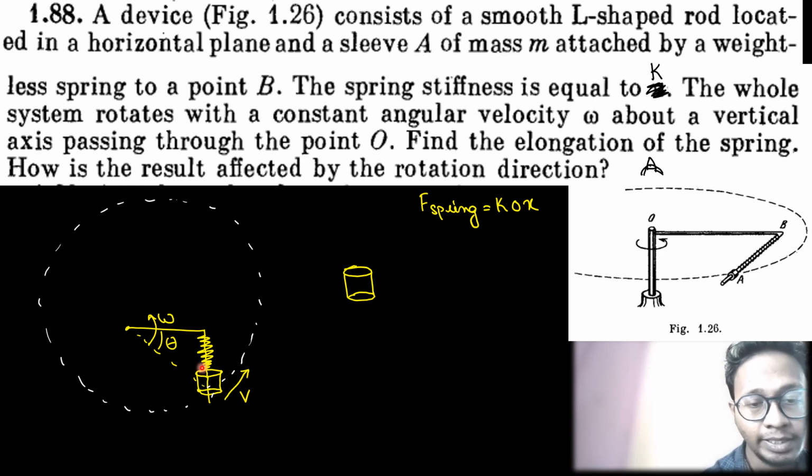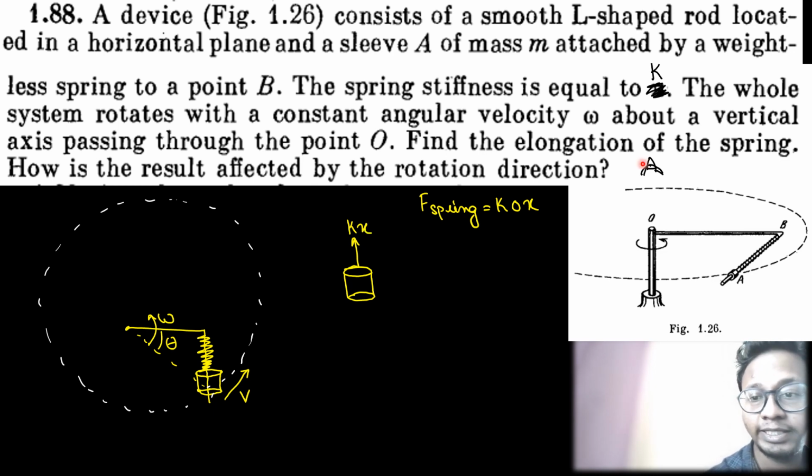As the bolt tries to move in the circular orbit, it will try to move outward. If there was no spring, the bolt would try to move outward and escape. So what is the spring force doing? The spring force is pulling the bolt upward.